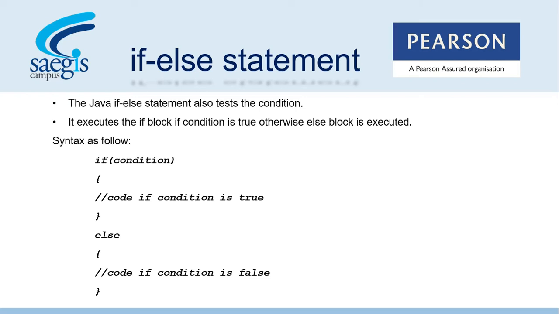We add this else statement if and only if we need to do some statements if the condition becomes false. So this is how the syntax works. Here you can see the if condition and the code to execute if the condition is true, and then put the else keyword, then give the code to execute if the condition is false.